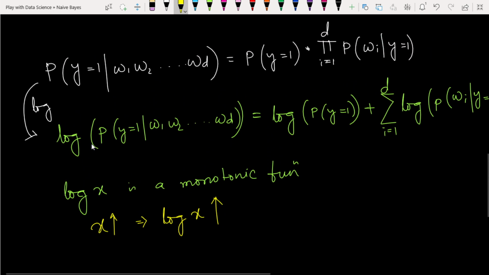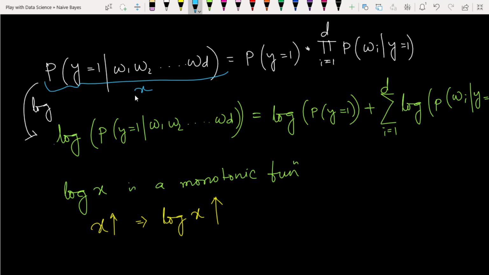So if we use the log value, after taking the logarithm and then comparing, the comparison will give the same result. Suppose, for a moment, this thing is x.